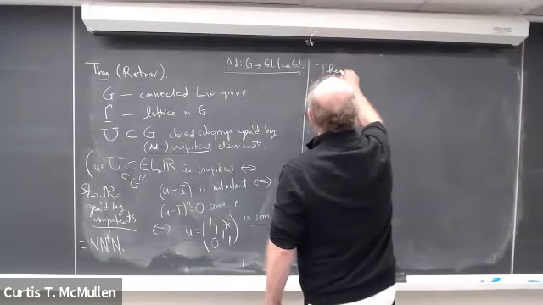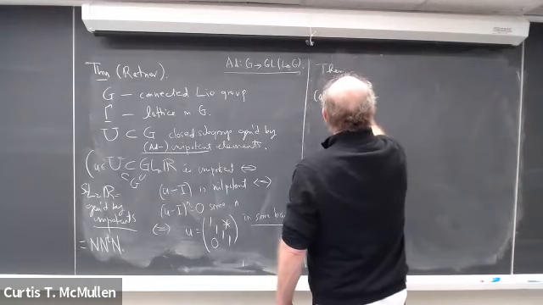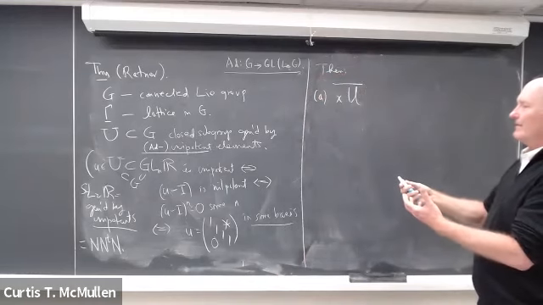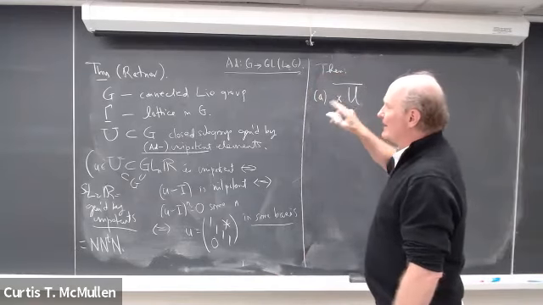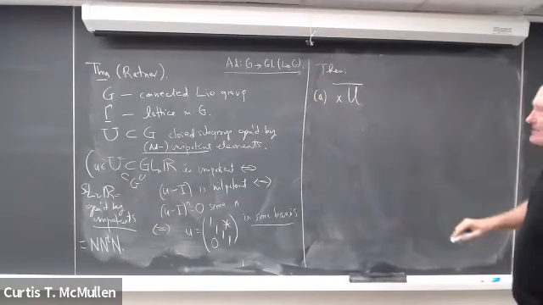Okay, so then here's the conclusion. The first conclusion is I can tell you what the closure is of an orbit of U applied to any element of the homogeneous space, X mod G mod gamma.